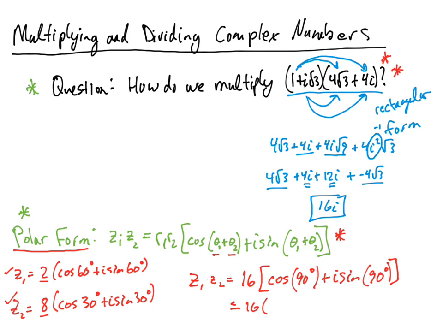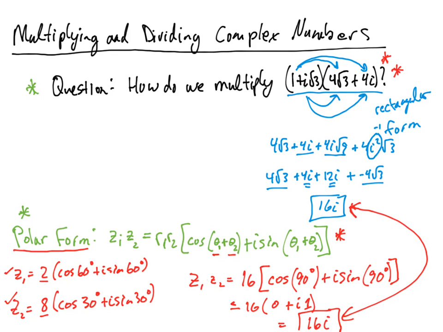Simplifying this, I get 16 cosine of 90, well that's 0, plus i sine of 90 is 1. So what we get is 16 times 0 plus 16 times i, we get 16i. And that confirms with what we had up here.